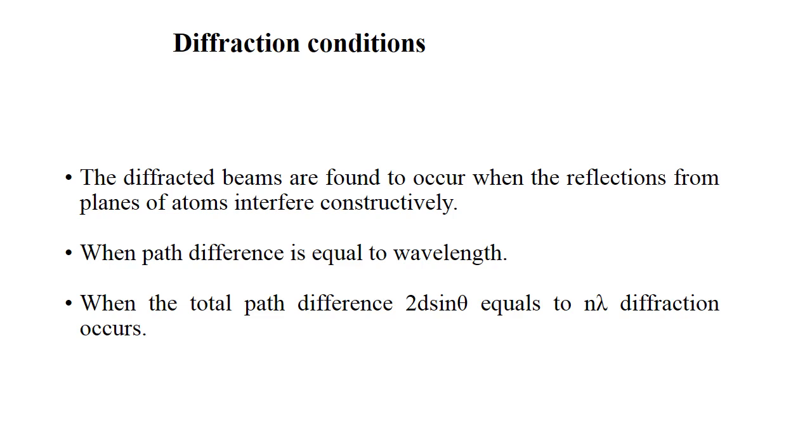Second, the path difference is equal to the wavelength. And third, when the total path difference, which is 2d sin theta, equals n lambda, diffraction occurs. This is actually Bragg's law.